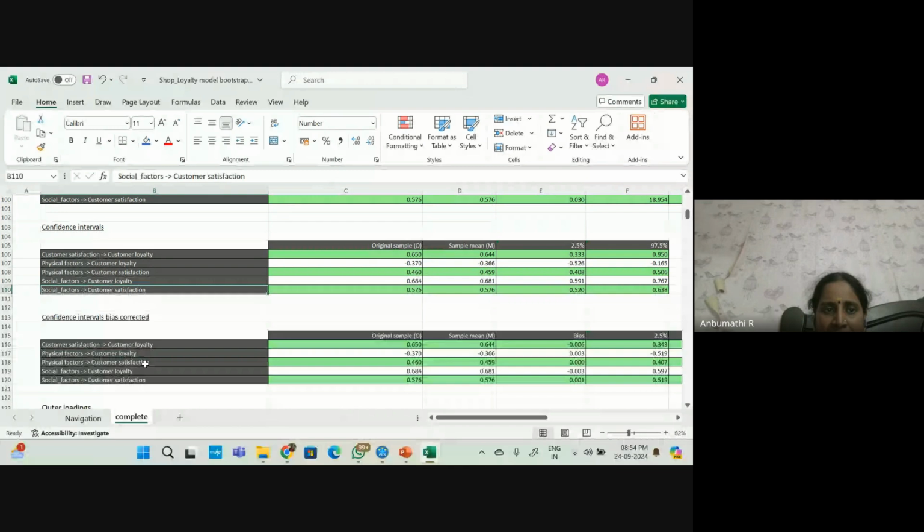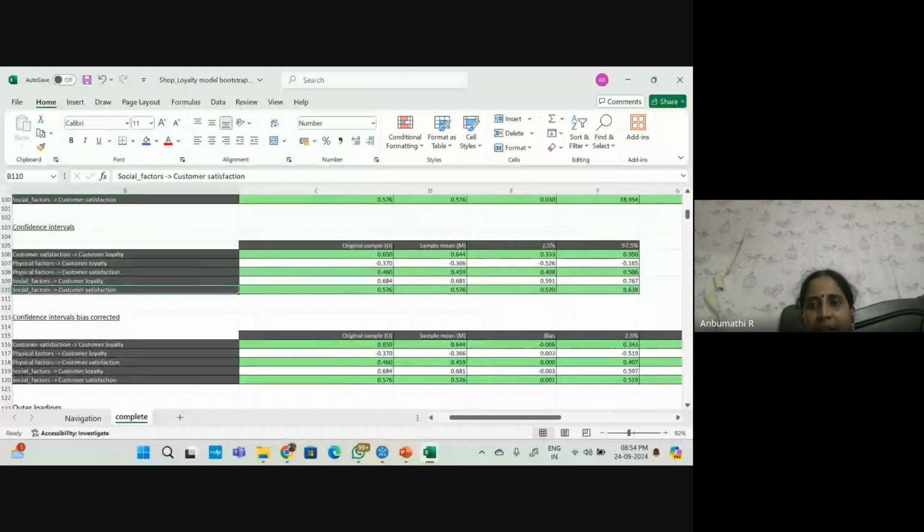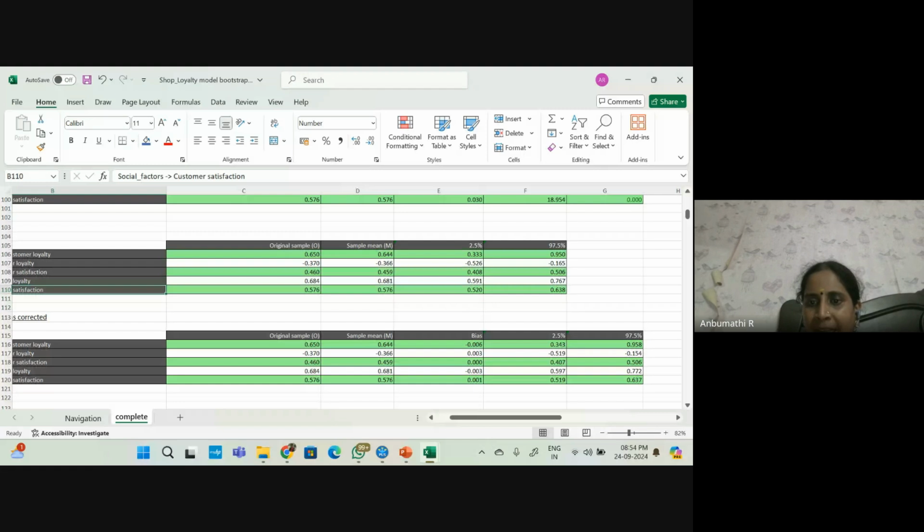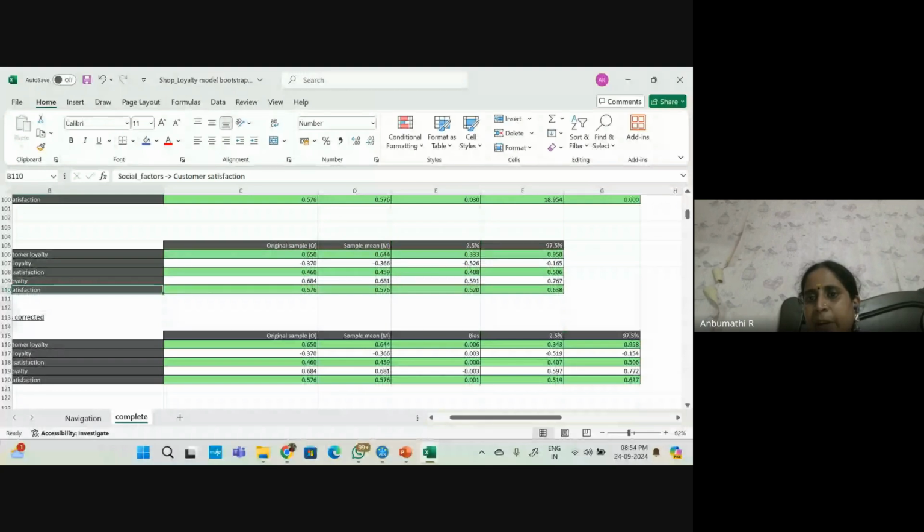So what is the difference between the confidence interval and the confidence interval bias corrected? This confidence interval is the range I have told, 2.5 to 97.5. But here, can you see the difference between these two tables? Here, the bias is also taken into account, while in the normal confidence interval, only the range is given.